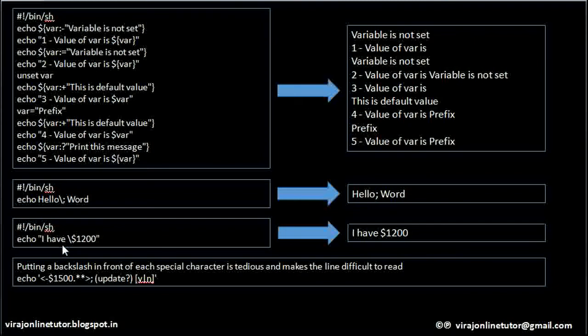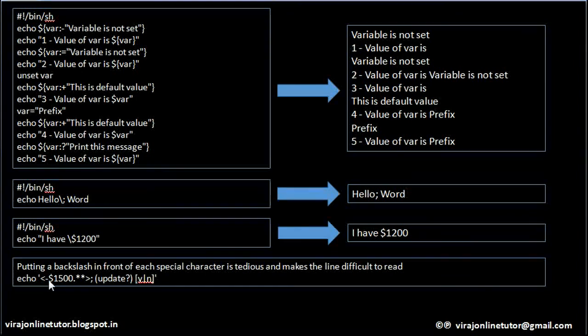Now we have seen two examples wherein we had to explicitly write the backslash sign to escape the special characters in shell scripting. So if I want many special characters to be escaped while printing, then instead of typing backslash every time for every special character, what we can do is we can just enclose that entire string in a single quote. If you can see this example, there are many special characters here. So instead of applying backslash for each and every special character in this string, you can just embed that in a single quote.